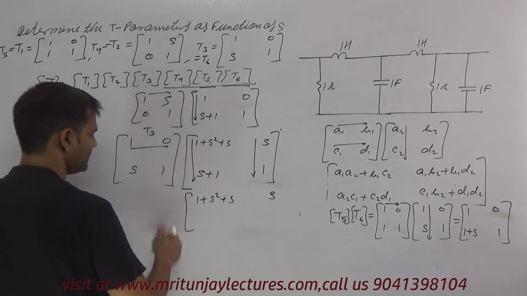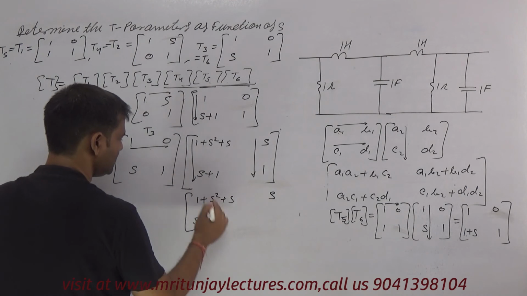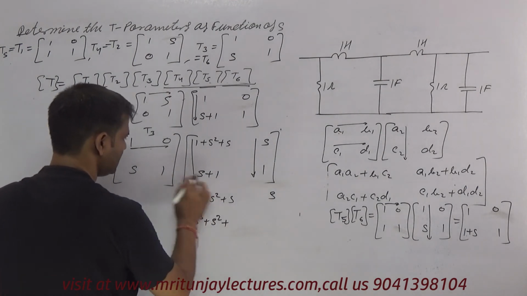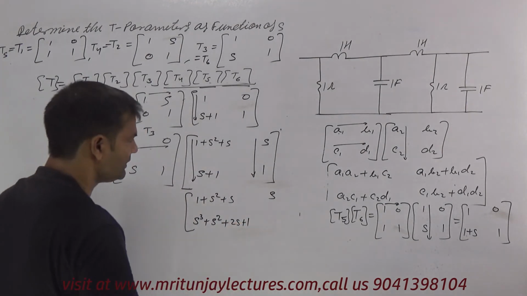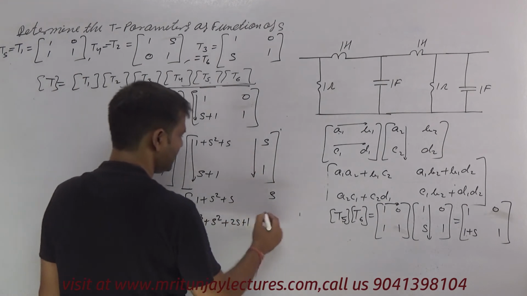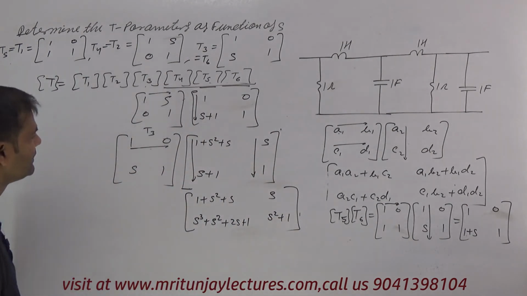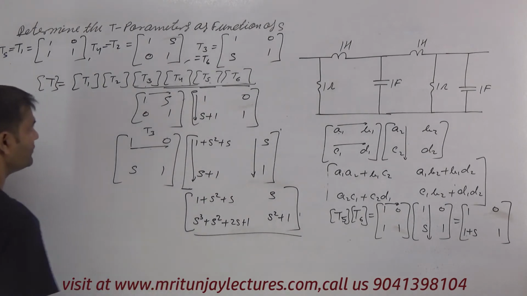Now here S cube, S square and 2S plus 1. Now if this one is multiplied here, S square plus 1. This is the multiplication of T3, T4, T5, T6.